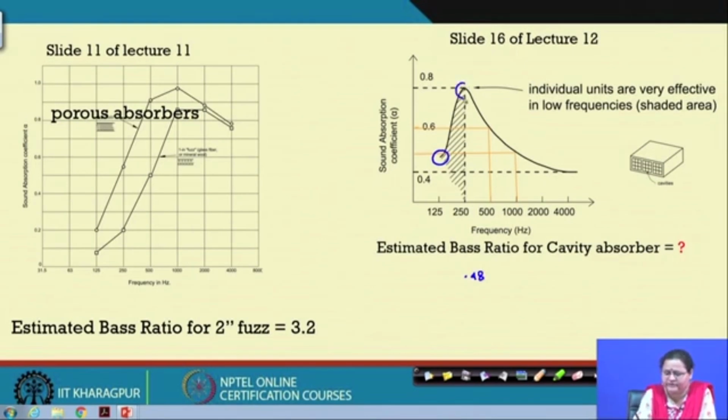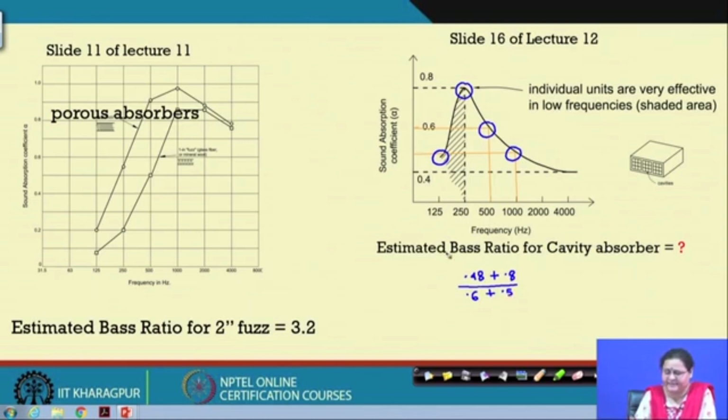At 250 hertz, which was the purpose of this particular cavity absorber, to trap in sound of 250 hertz frequency, you see you get around 0.8. Then at 500 you come to some value of 0.6, and then down at 1000 hertz you will get another value, say around 0.5.